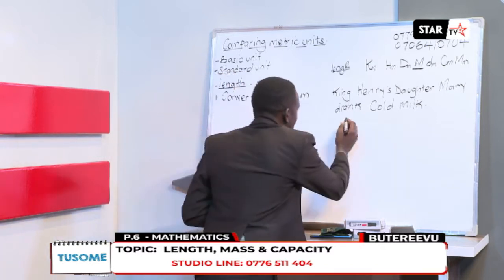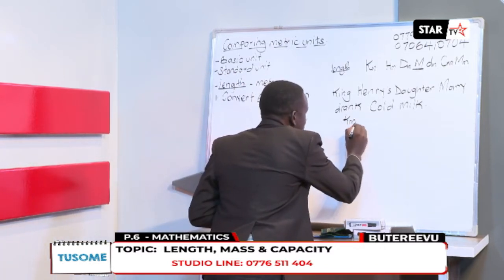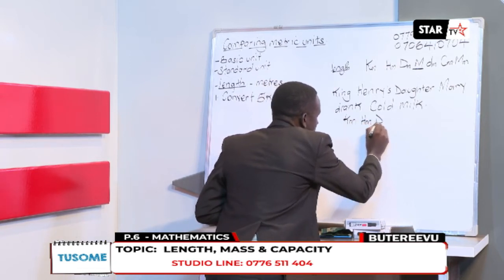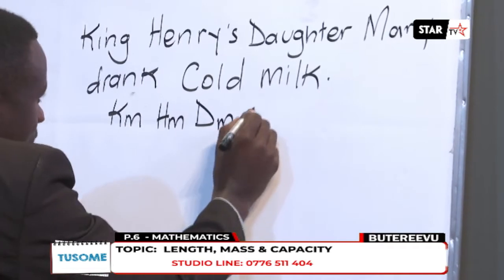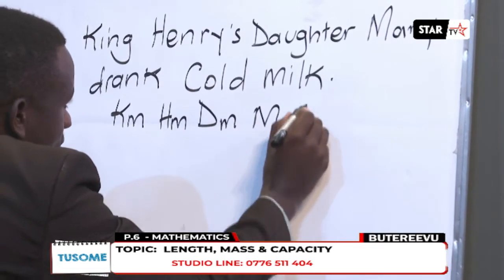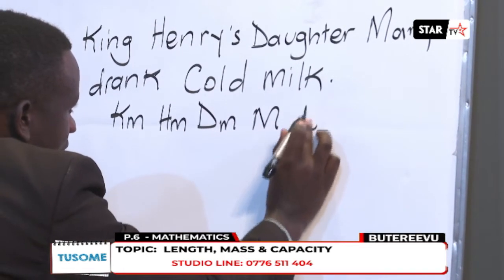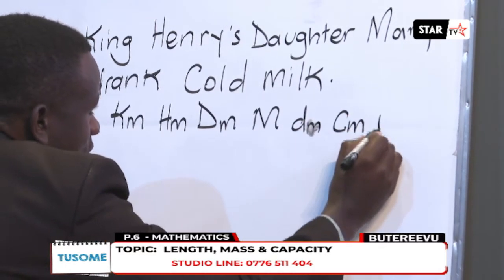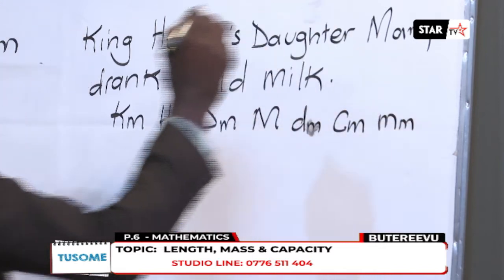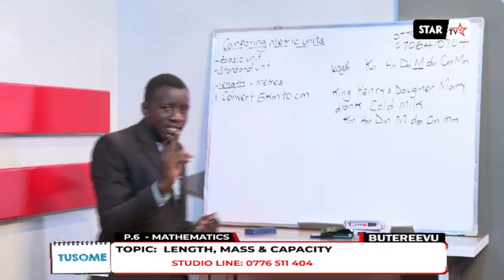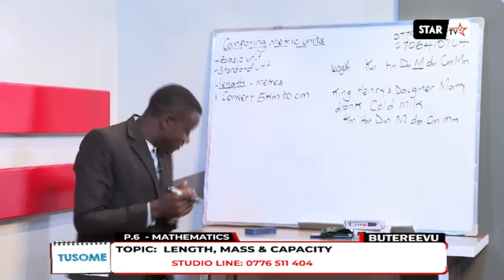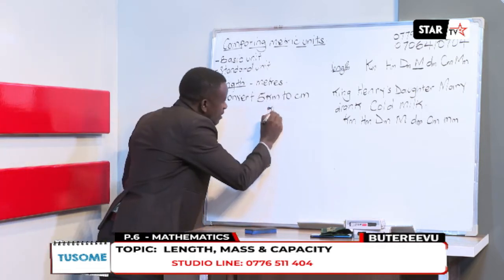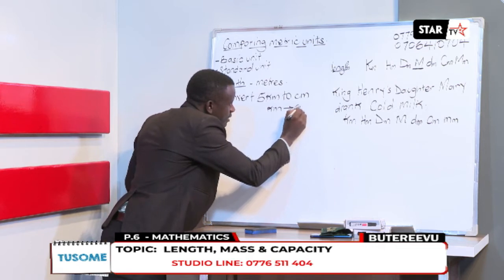We shall say kilometers, hectometers, decameters, then meters, decimeters, then centimeters, finally millimeters. When we are converting, remember, my dear friend, that we are converting from kilometer to centimeter.